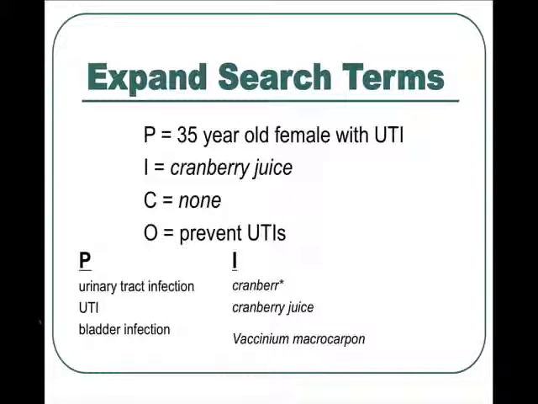The cranberry itself, you could look for cranberry in the singular, cranberry here with the asterisk, which would give it a truncation effect, which would pull in variations of that word with different endings, including the plural. And generic terms that are used for cranberries in different databases.